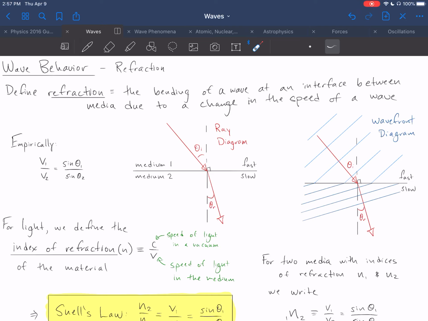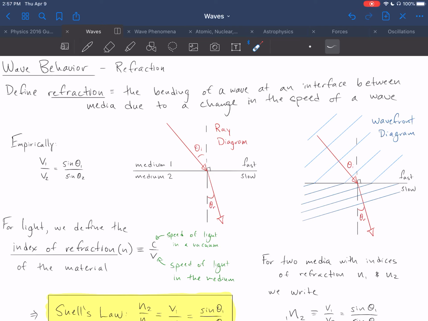Notice that with the wavefront diagram, every wavefront is drawn perpendicularly to the ray representing that wave. And you can see that the dark blue section of the wavefront, which reaches the slower medium first, is bent compared to the light blue section of the wavefront, and in particular bent towards the normal, as that wave is going from fast to slow.